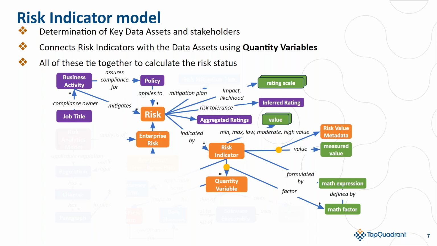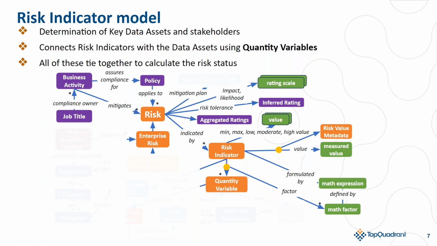The risk at its core might be a part of an enterprise risk, but it's always indicated by, and you'll see the stars in the diagram here, multiple risk indicators. A risk indicator is going to have a value. As already demonstrated by Ralph, it's going to have a minimum value, a maximum value, a moderate value, and an actual value of that actual risk.